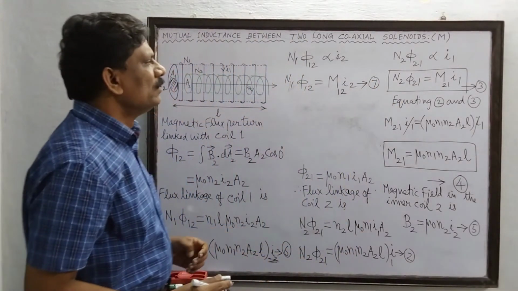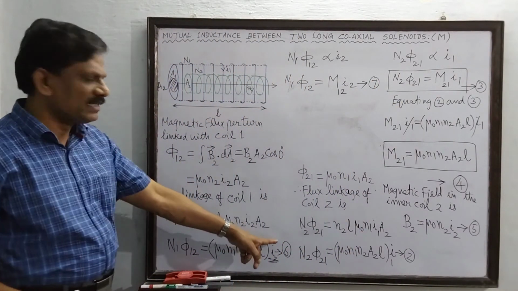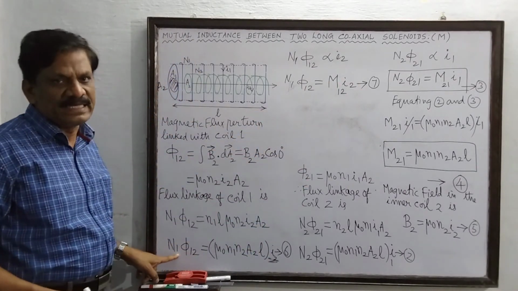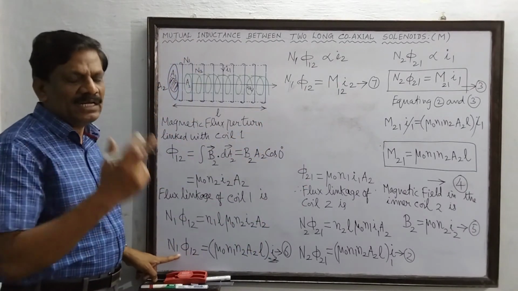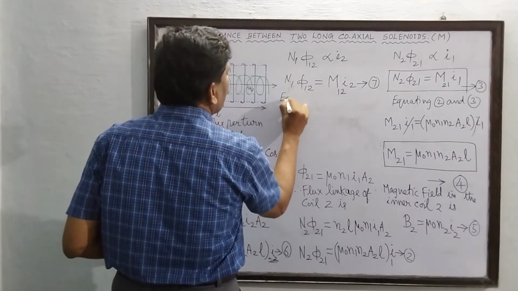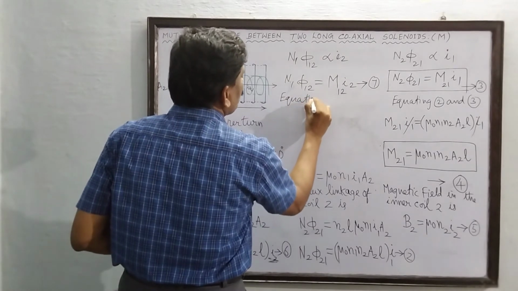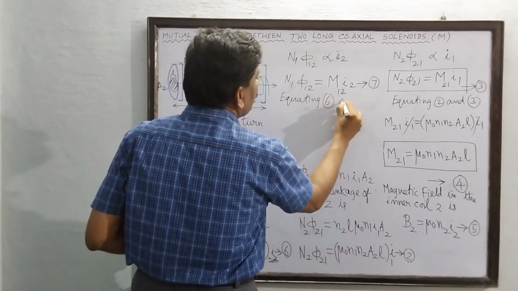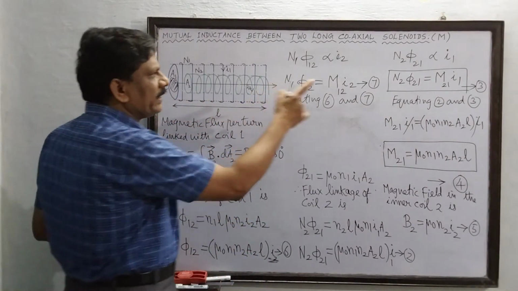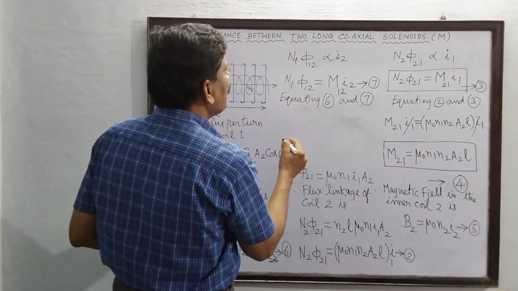Now you see equations 6 and 7. The left hand sides are the same, that is the flux linkage for the total first coil. So I am going to equate equations 6 and 7. The left hand sides are same, so the right hand sides must be the same.